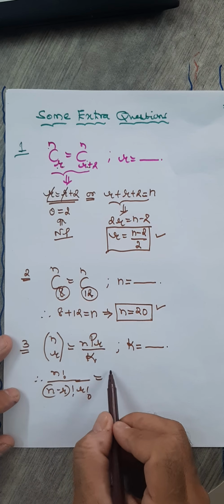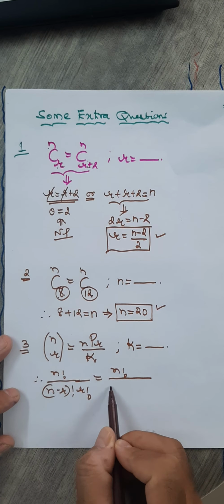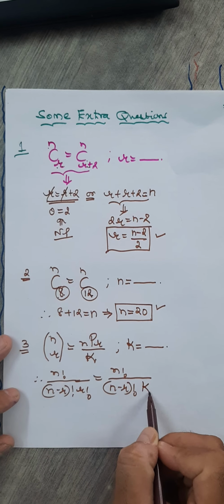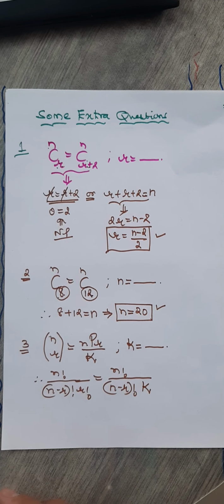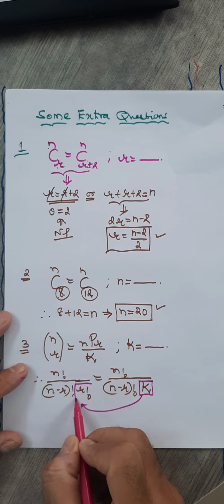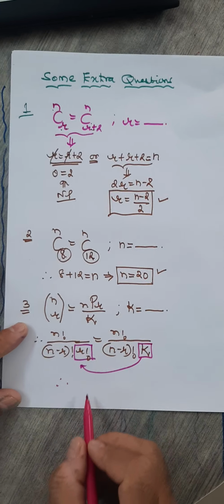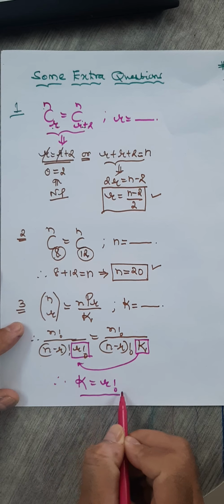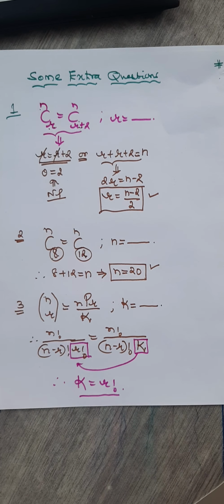And what is nPr? That is n factorial upon (n minus r) factorial. So obviously, what should be the value of k? Naturally, it has to be r factorial. So therefore k equals r factorial. This is your answer.